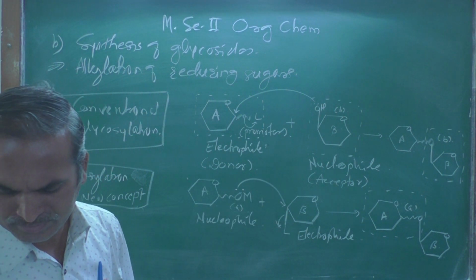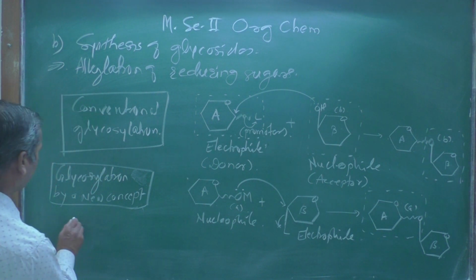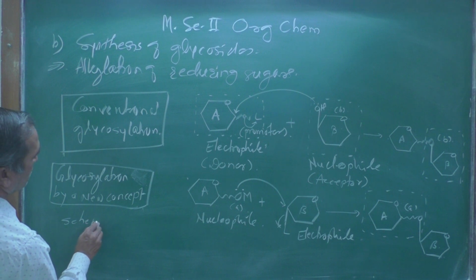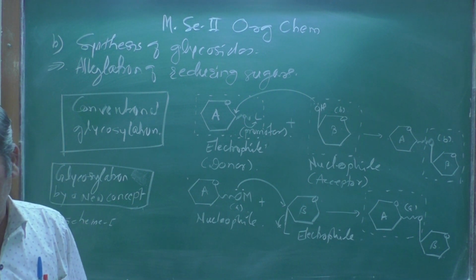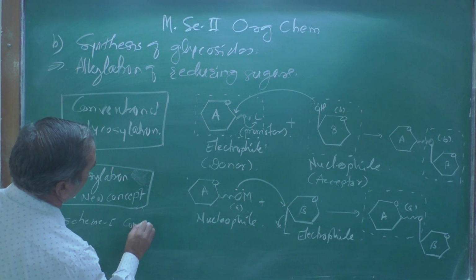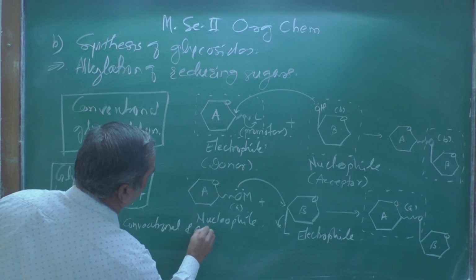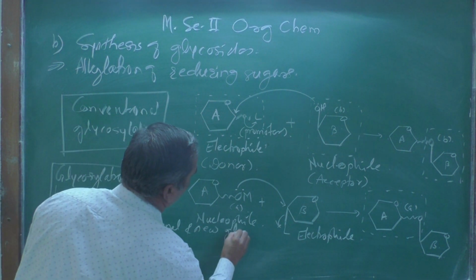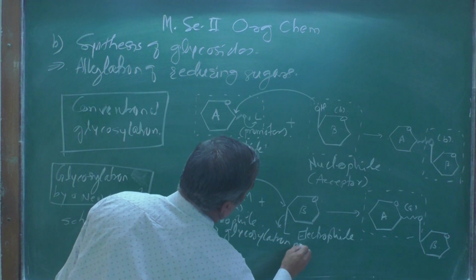This is scheme number one, and that represents the conventional and new glycosylation methods.